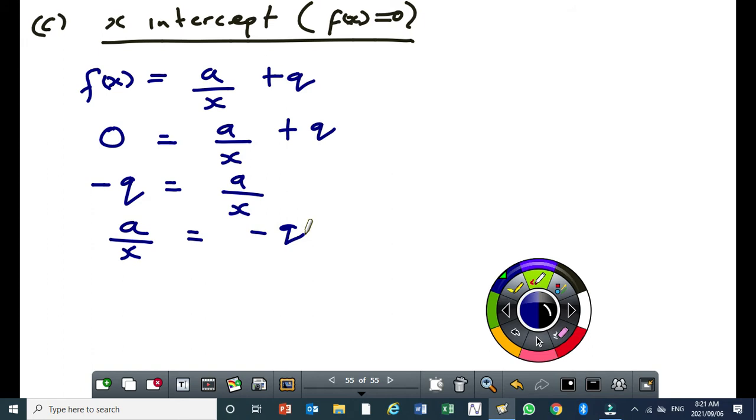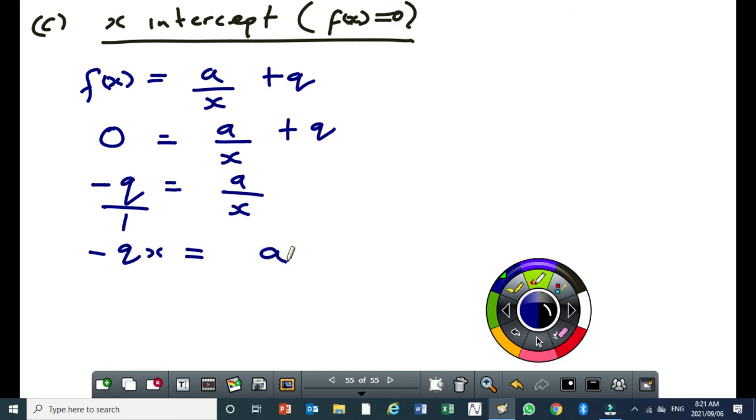Then from here, the denominator of that minus q is a positive 1. Then if you cross multiply, we'll get minus qx equal to a.